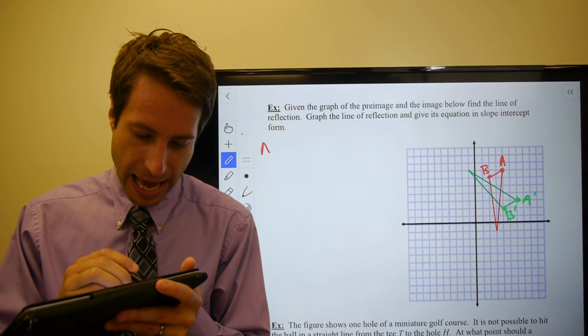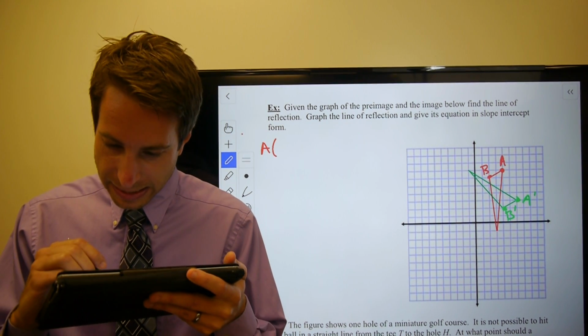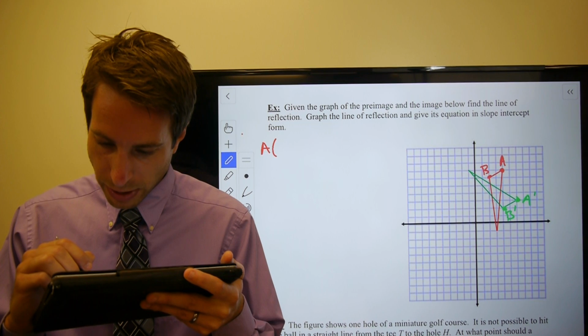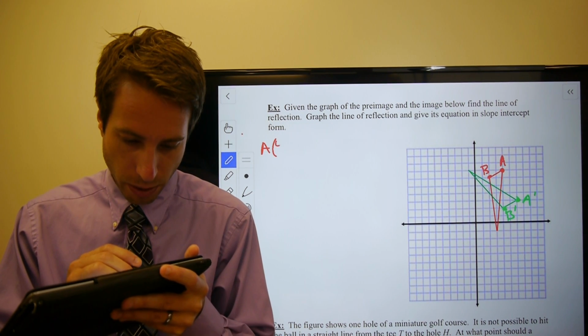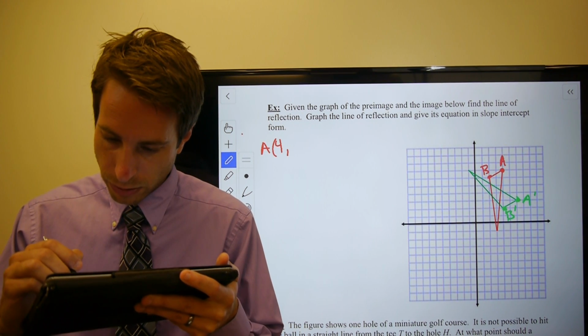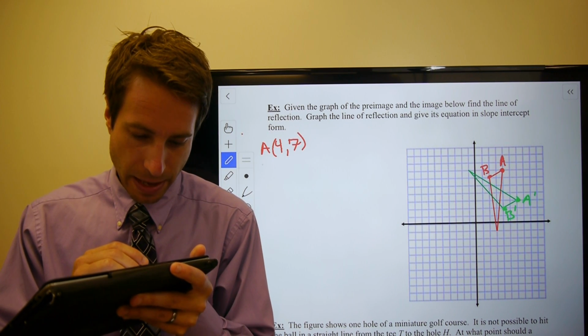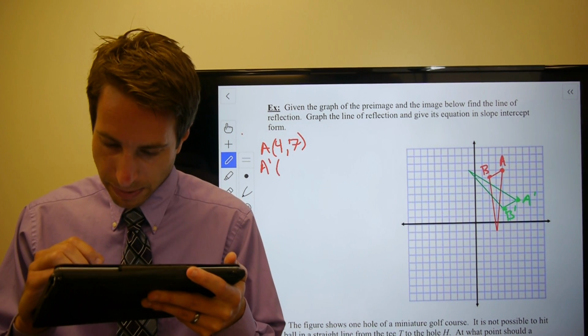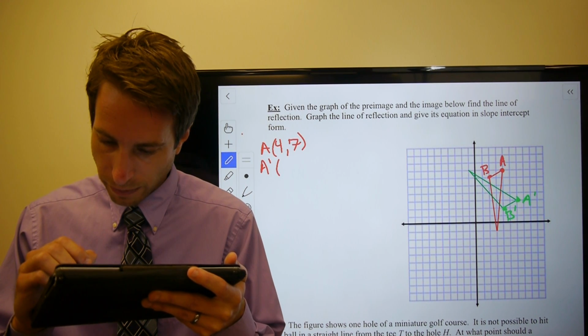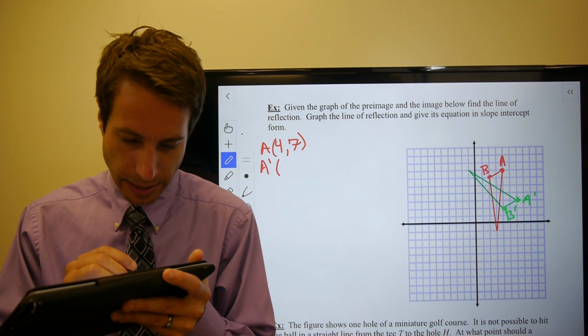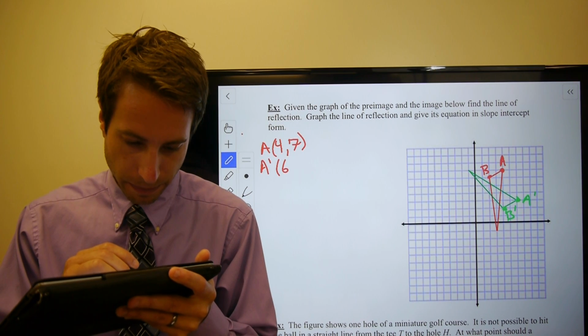Here we go. A is at 1, 2, 3, 4. So 4, comma, 1, 2, 3, 4, 5, 6, 7. So 4, 7, that's A. A prime is going to be at 1, 2, 3, 4, 5, 6. Is at 6, 3.